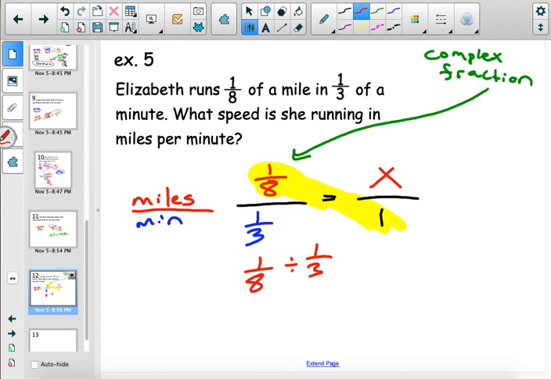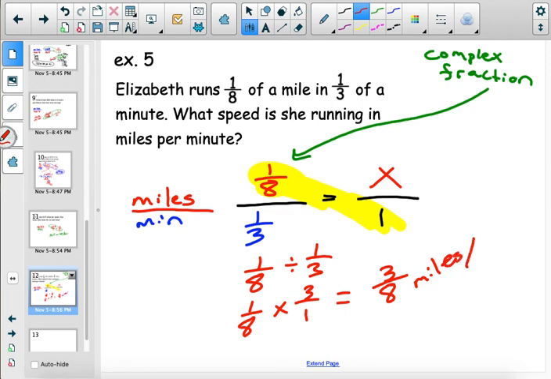Anybody remember the saying for this? Keep it. Change it. Flip it. So what is she running? She's running 3/8 miles per minute. So fast.